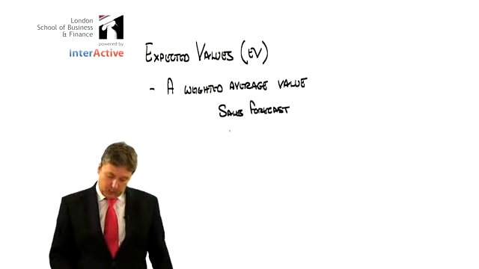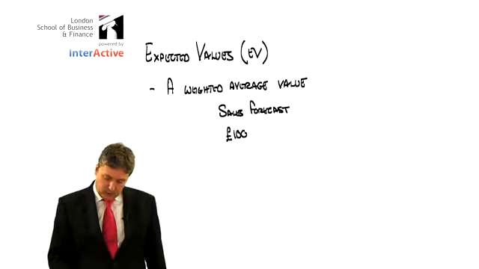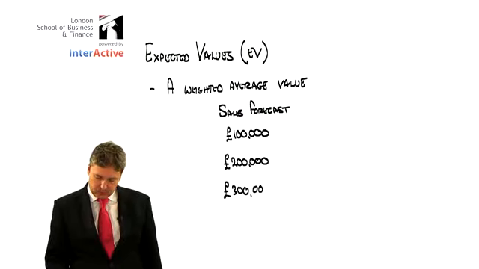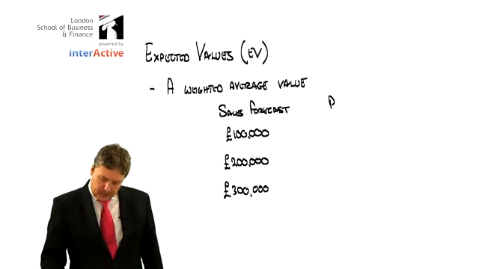And the sales forecast could be that we generate £100,000 worth of sales, or £200,000, or £300,000. And then we identify the probability of this occurring.